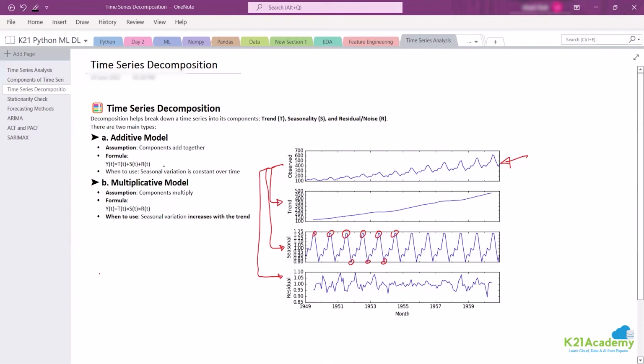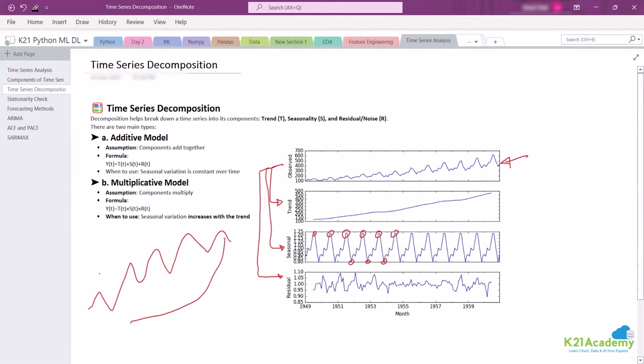Now the additive model is used when the seasonal variation is constant over time. If we find that the variation in the seasonality is constant, we use the additive model. Otherwise, if the seasonality is increasing like this, and there is exponential growth in the trend as well, in that case we use the multiplicative model.